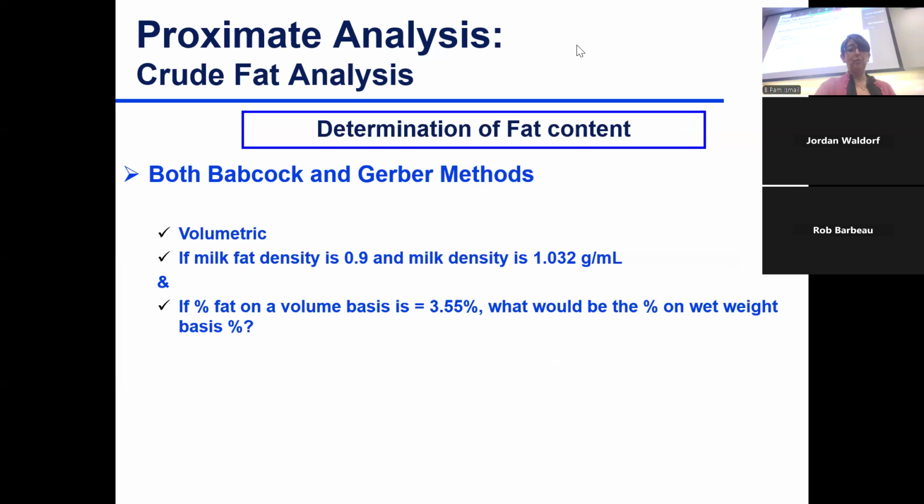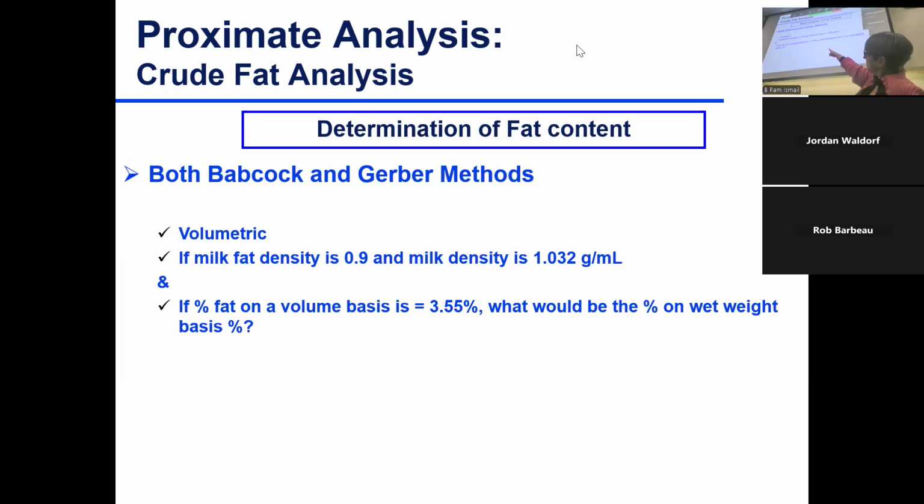So same piece of paper, let's do some math. Here you're given that the milk fat density is 0.9 and the milk density is 1.032. So now you have the density of milk and the density of milk fat.